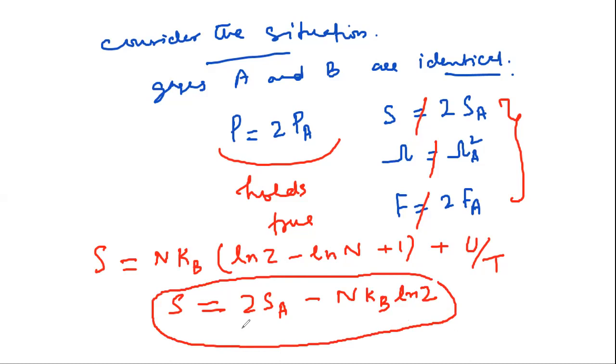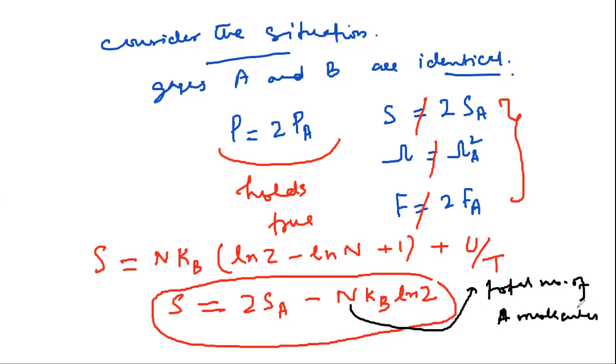It is 2SA minus N KB ln 2. Remember, this N here is the total number of A molecules. You are making all molecules your A molecules.